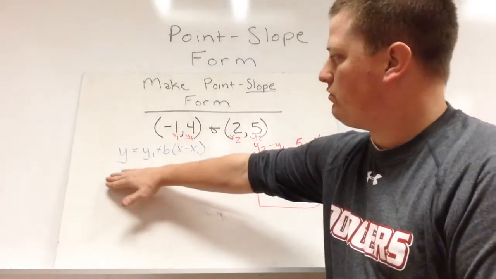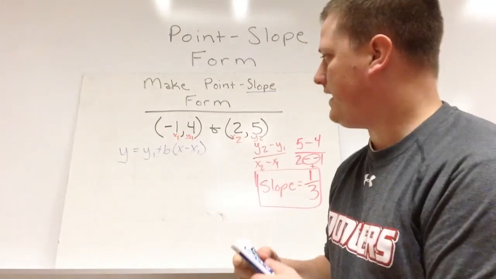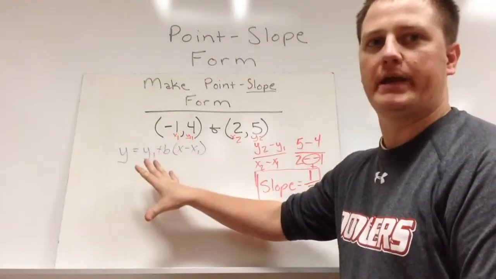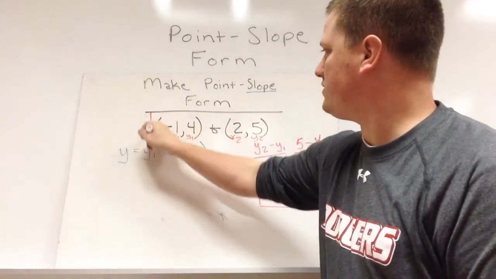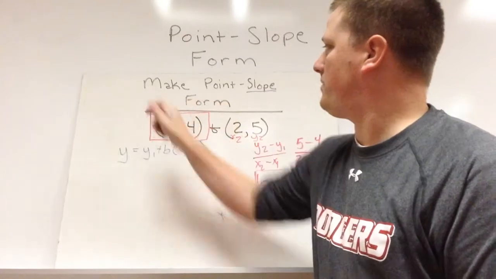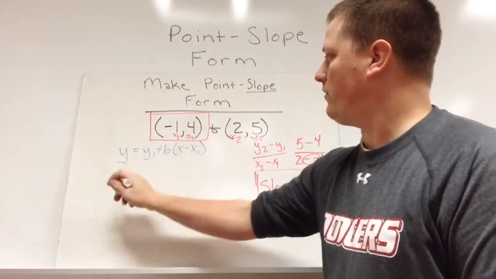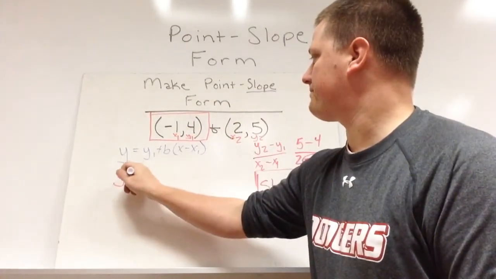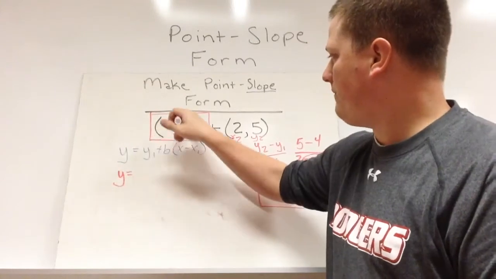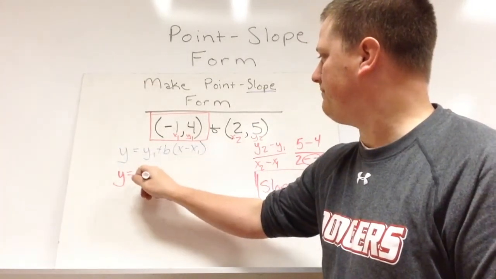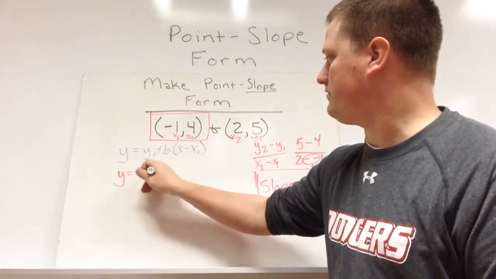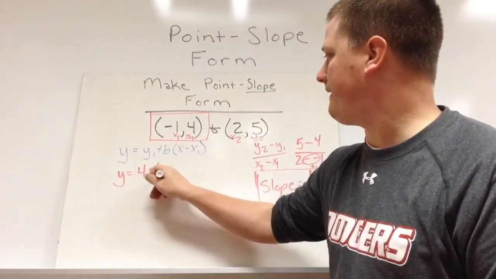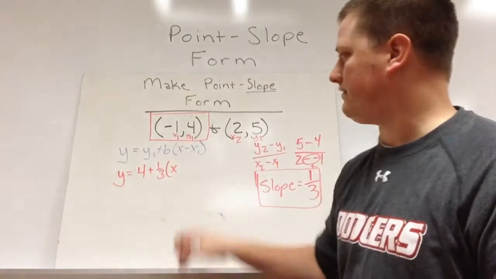Then what I do with my equation is I just pick a point and use my slope. In this first situation, we're going to use the first point. I still need y equals y1, and y1 is 4, so I'm going to put a 4 in. I have a slope of 1/3, and since it's positive, it's going to be plus 1/3. x has to stay in the problem.